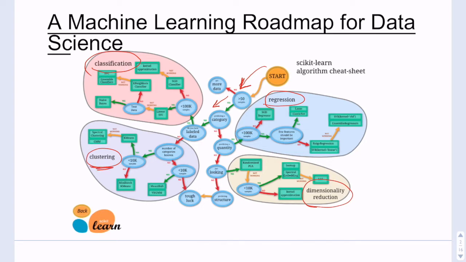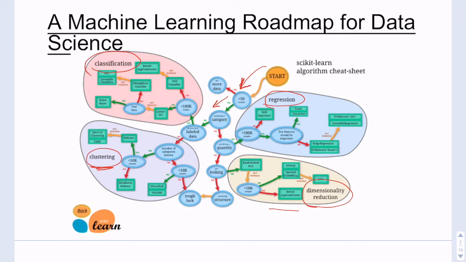Also sometimes you want to do dimensionality reduction and then do another analysis, which we already talked about. So these are four categories of algorithms we usually use when we want to analyze our data: regression, classification, clustering, or dimensionality reduction or compression.